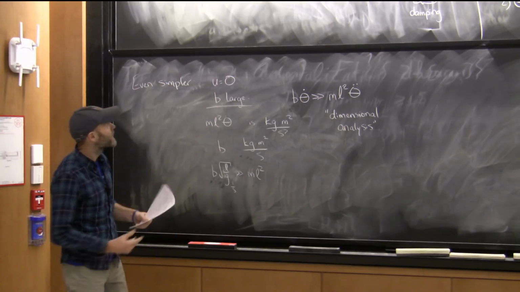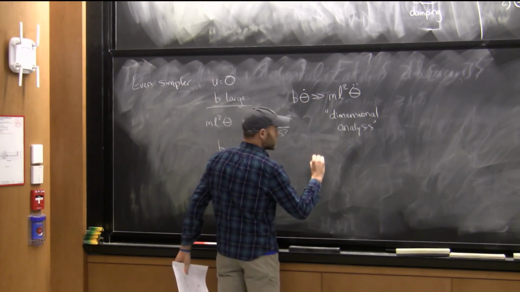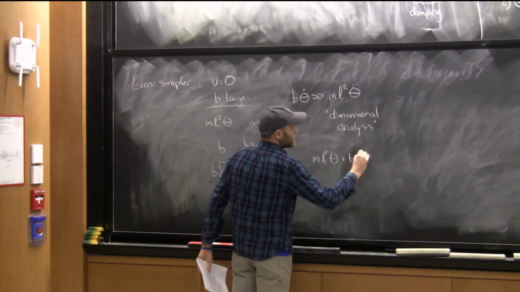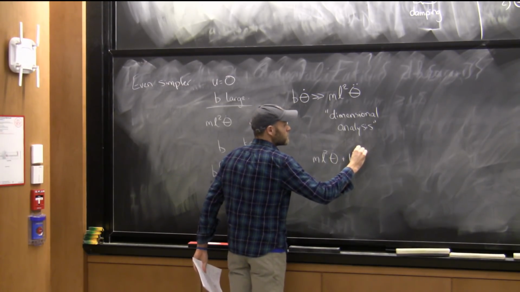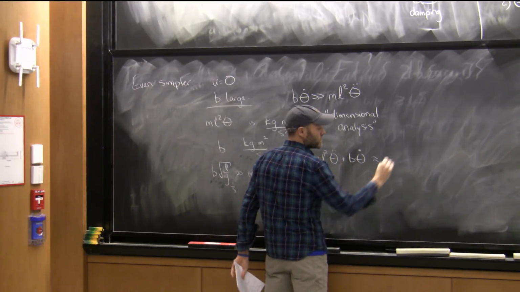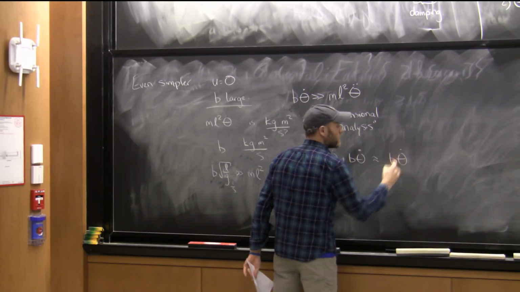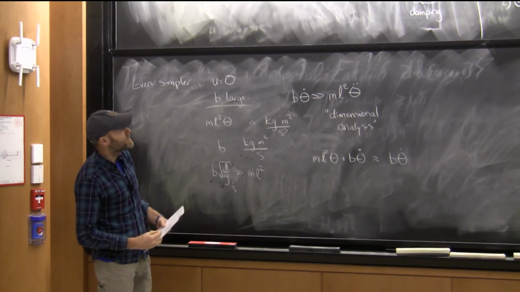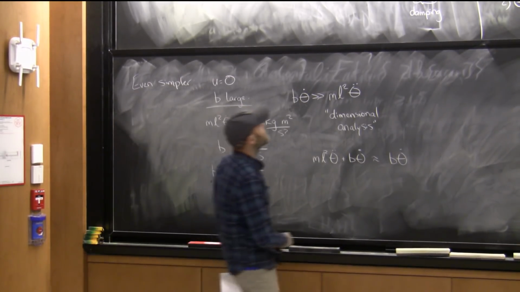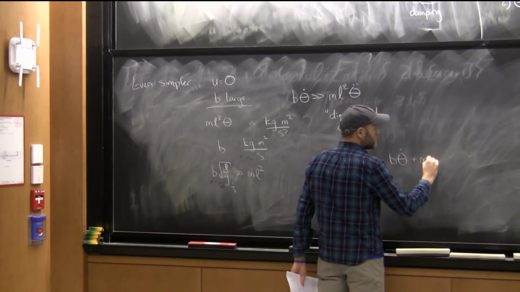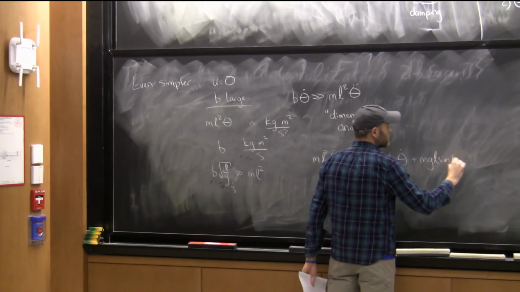Okay, so what I'd like to say is that ml squared theta double dot plus b theta dot is approximately equal to just b theta dot. I'm saying this term dominates. And that's going to give me a simpler equation to think about, where all I really care about is b theta dot plus mgl sine theta.